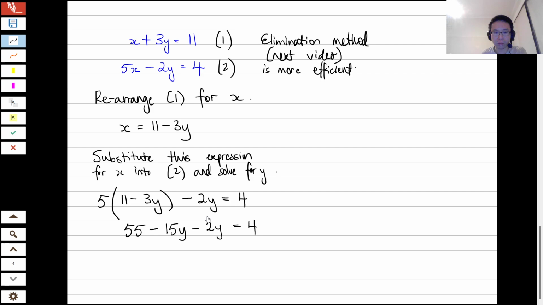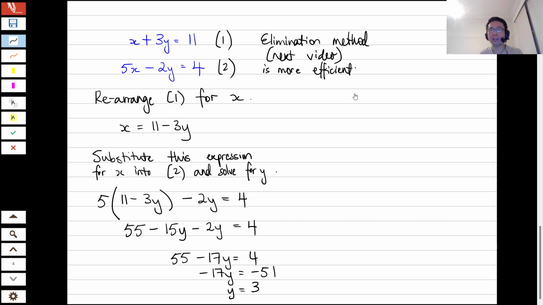All right, do a little bit of rearranging. 55 minus 17y equals 4, minus 17y equals negative 51. And if you divide 51 by 17, you actually get the number 3. So we've got one number, y.